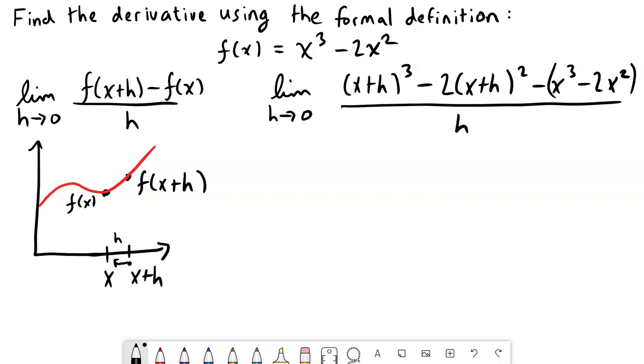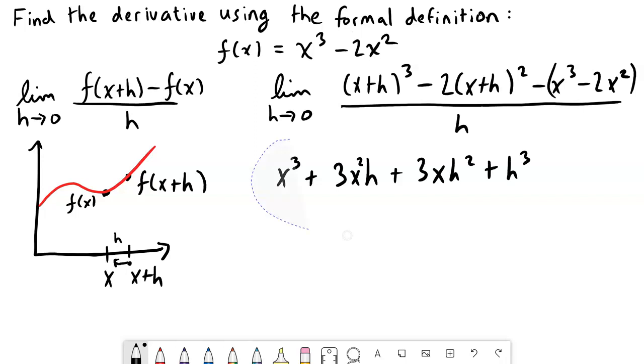Now we should go about expanding this whole thing out. If you just know the binomial theorem, it's x cubed plus 3x squared h plus 3xh squared plus h cubed.